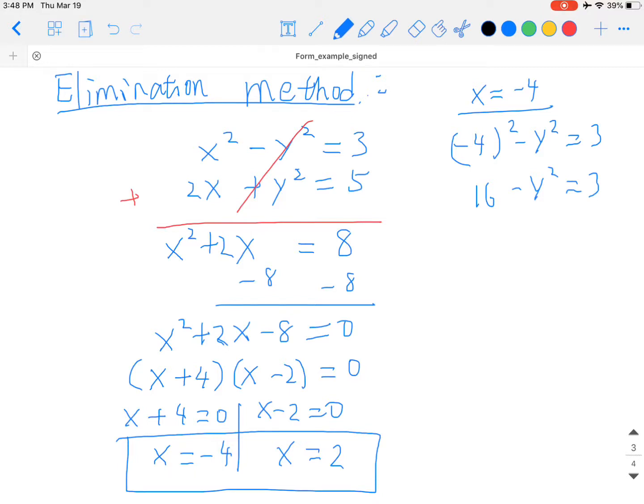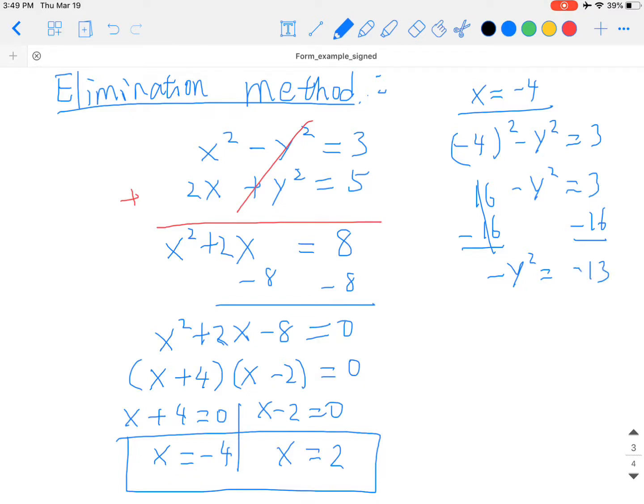As a result, if you want to solve for y, you have to subtract 16 both sides. 16 is gone, negative y squared equal to 3 minus 16, which is negative 13.